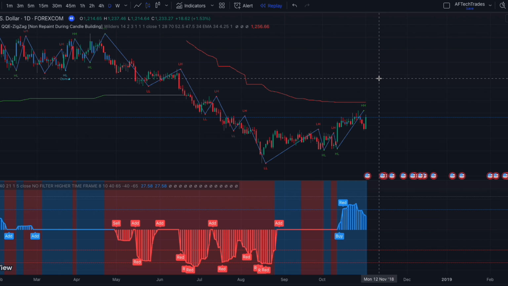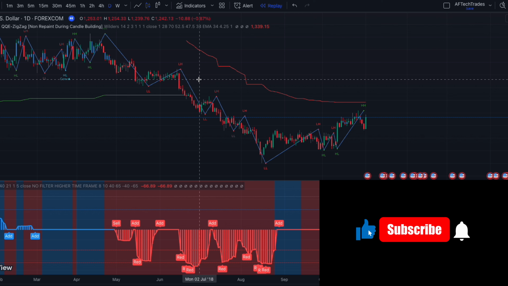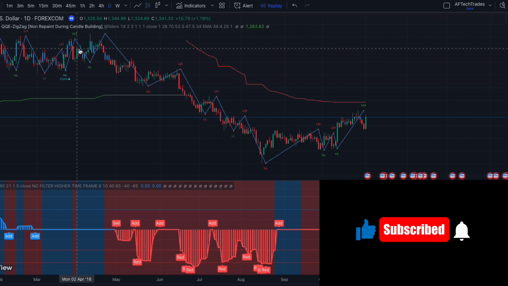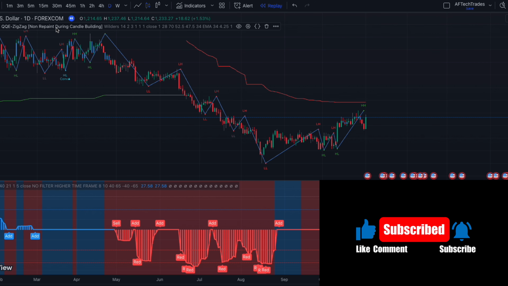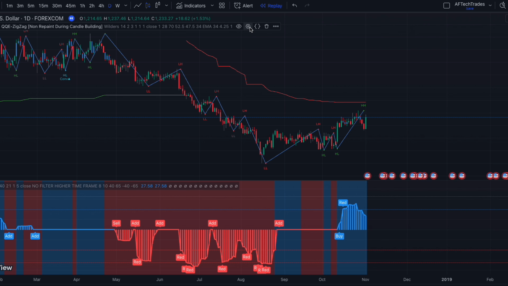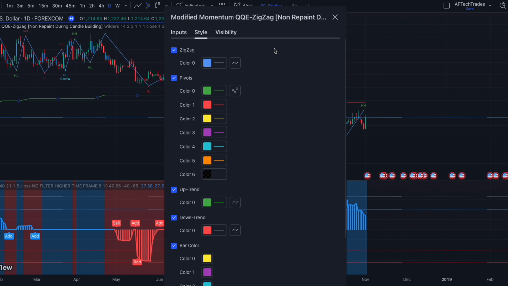So now you know we need to do some settings to get accurate entry and exit points, right? So let's head over to our Modified QQE indicator, click on settings. Once you click on settings, you uncheck everything because the noise is so much, we don't really need all this.